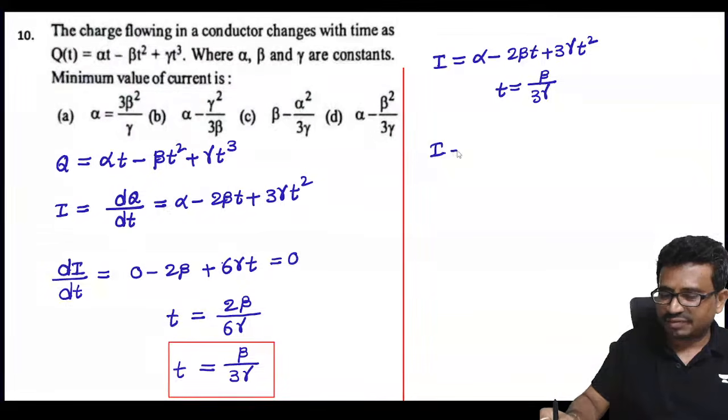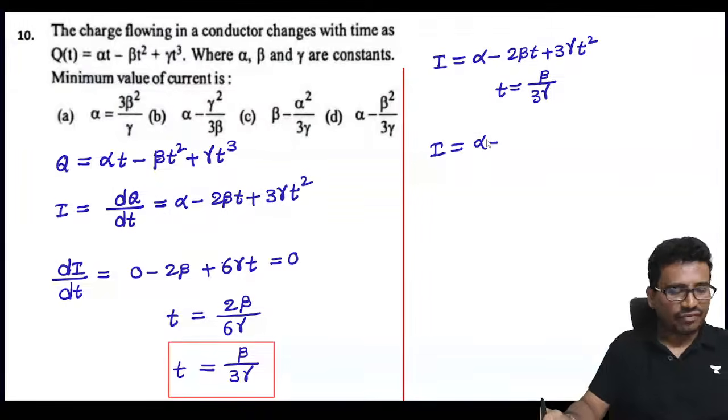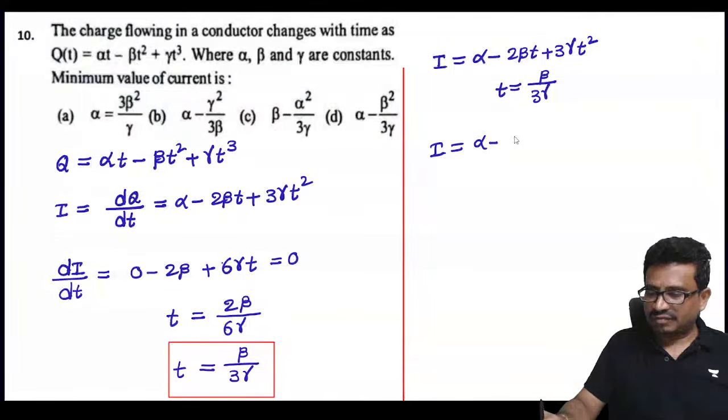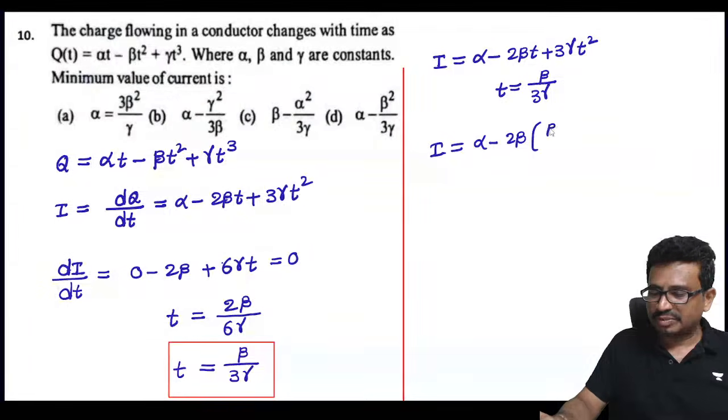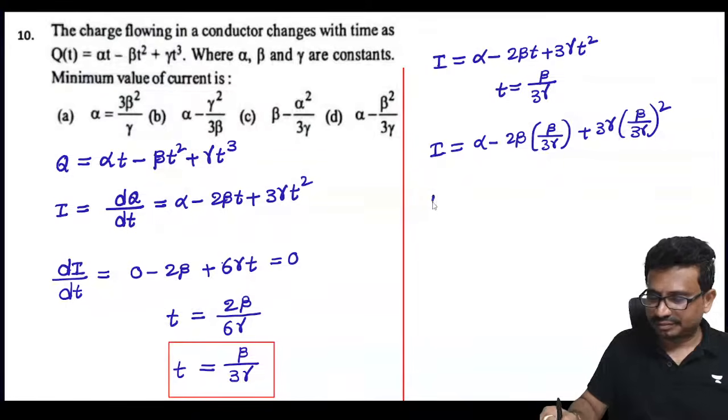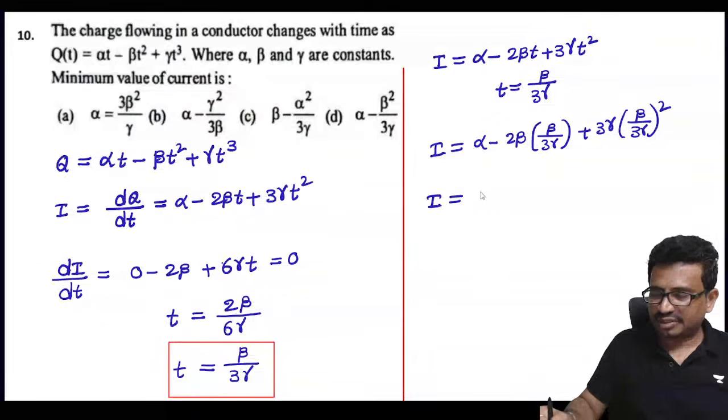So then how much will come here? Alpha minus 2 beta into beta by 3 gamma plus 3 gamma into beta by 3 gamma whole square. Then simplify it now.